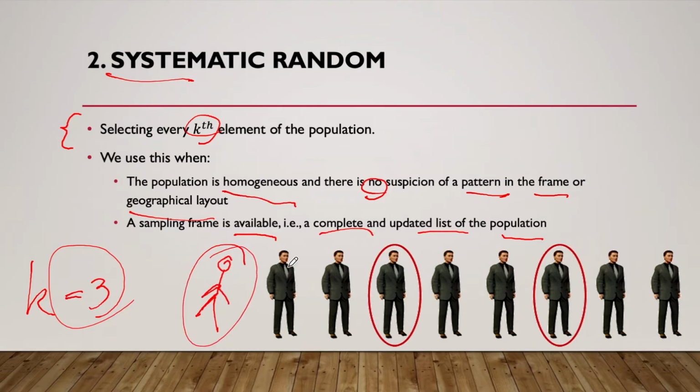Since k is 3, every third person will be chosen. We count 1, 2, 3, and this person is part of the sample because he is the third person. Then 1, 2, 3, the next person is chosen. Then 1, 2, 3, the next is chosen here, and so on. That's how you do systematic random sampling.